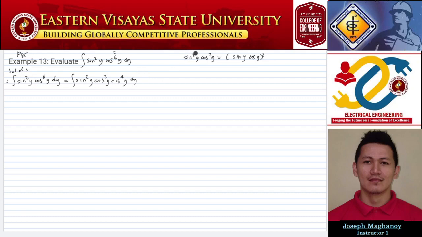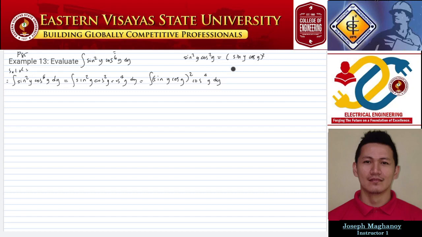So we will lift our power to close these two terms. So that is sine y cosine y squared. So it's still the same. So copy the remaining term, that is cosine raised to 4y dy.